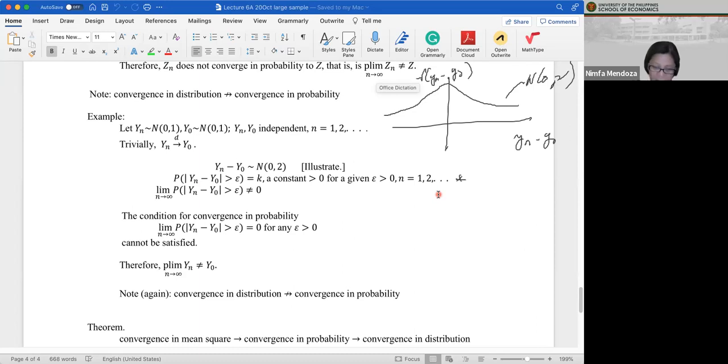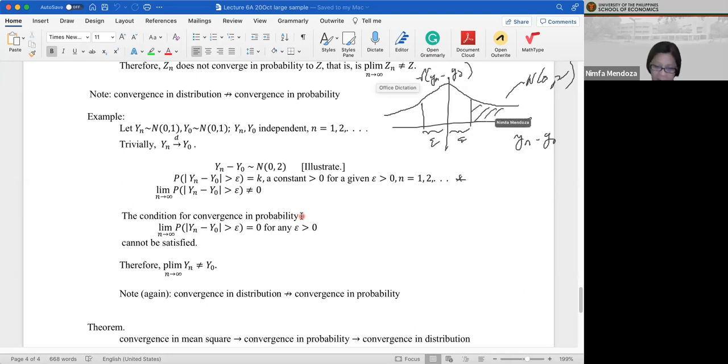What is the probability that this is greater than epsilon? If this is epsilon, we want the probability that the absolute value of y sub n minus y sub 0 is greater than epsilon.